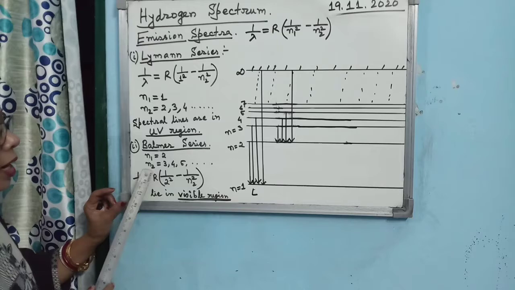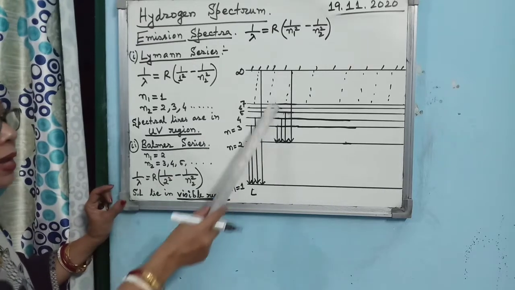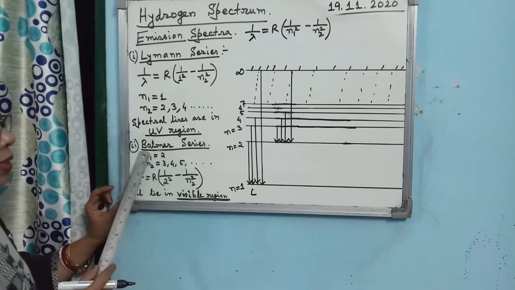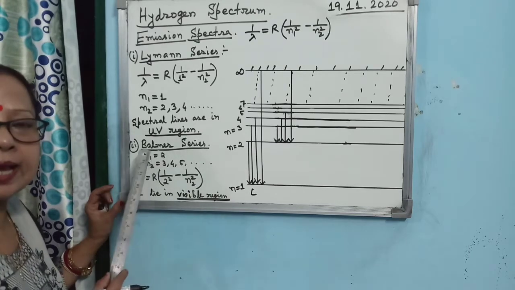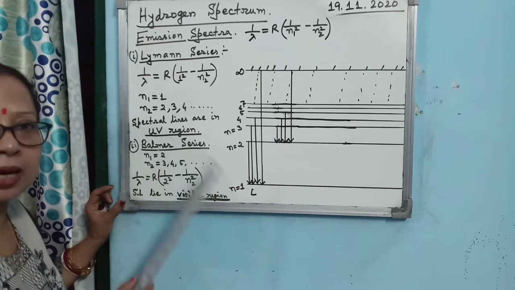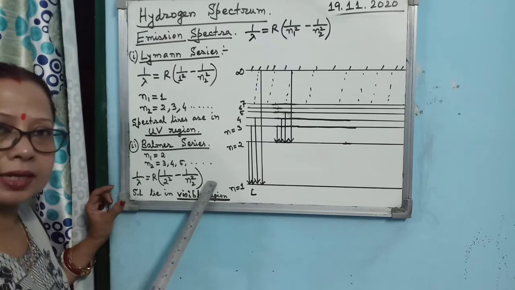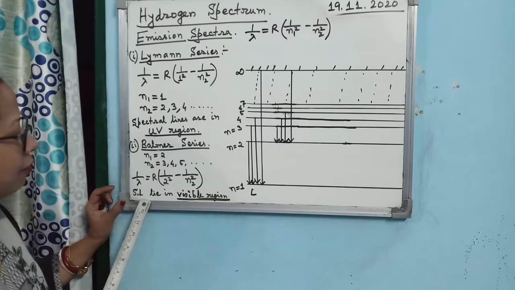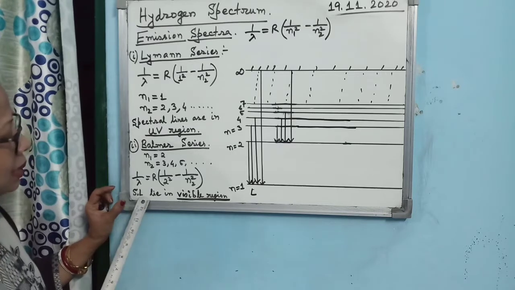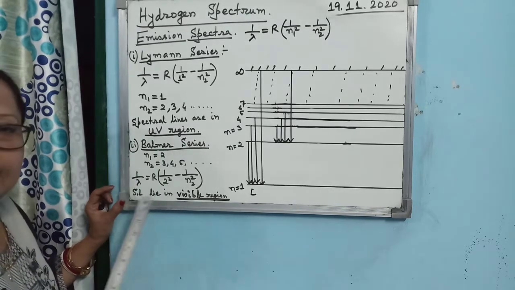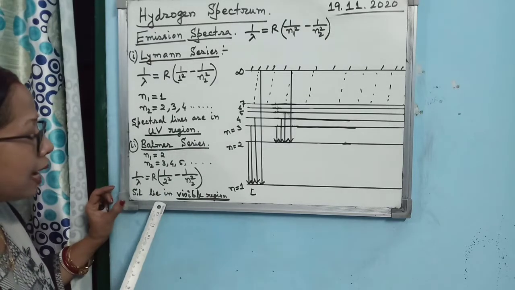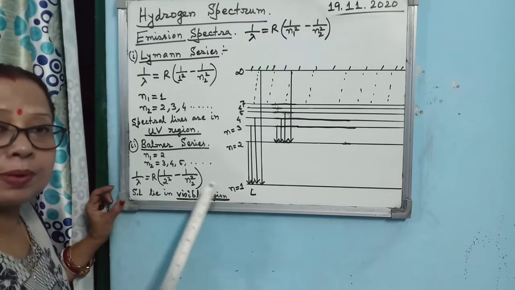When electrons jump from any higher orbit to the second level, that is known as the Balmer series. The L is silent, not Balmer. It is Balmer series. SL means spectral lines. For Balmer series, spectral lines lie in the visible region.